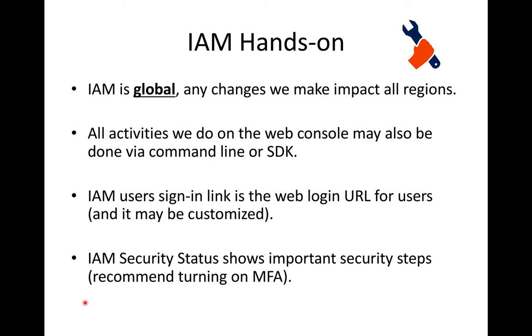Before I jump into the hands-on portion, there are a couple things to note. The Identity and Access Management service is a global service. Most of the other services that we'll work with in AWS are regional services in the sense that when you're spinning up something like an EC2 instance, that EC2 instance is being created in a particular region within AWS.